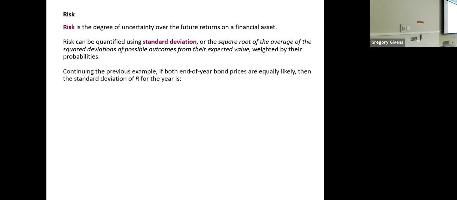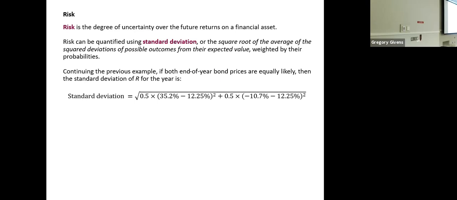Let's just apply this idea to compute the standard deviation of the expected returns on the example that we just worked through, okay? That way we can think about how much risk is inherent in that particular investment, okay? If we continue on this example where the end of year bond prices are equally likely in each case, then we can actually compute not just the expected return on this bond, which was 12.25%, we can compute its risk as measured by standard deviation. It would be the square root of what?